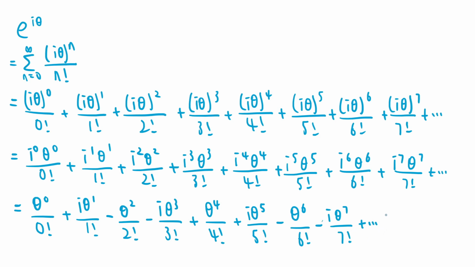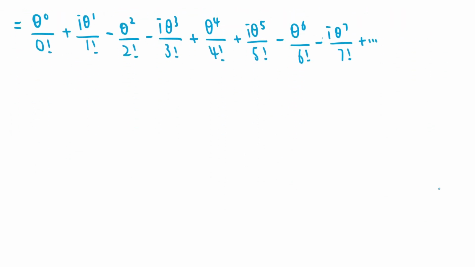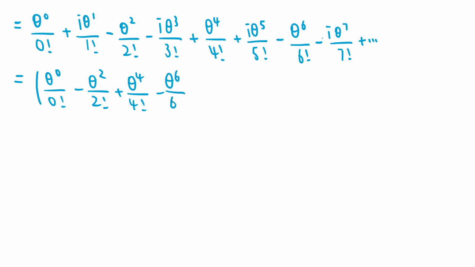The next thing to do is to separate this expression into its real and imaginary parts. So we can rewrite this expression as theta to the 0 over 0 factorial minus theta squared over 2 factorial plus theta to the 4 over 4 factorial minus theta to the 6 over 6 factorial, and this series continues.